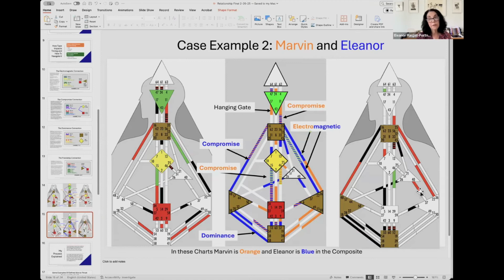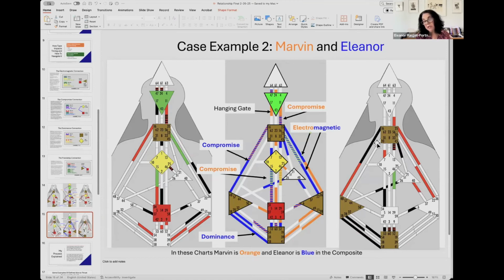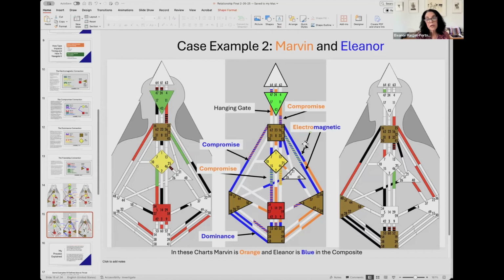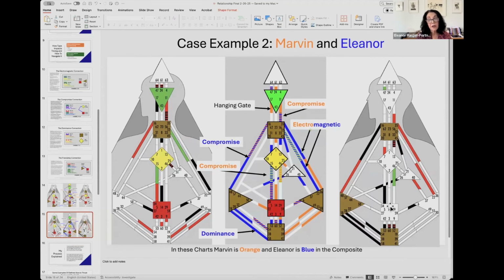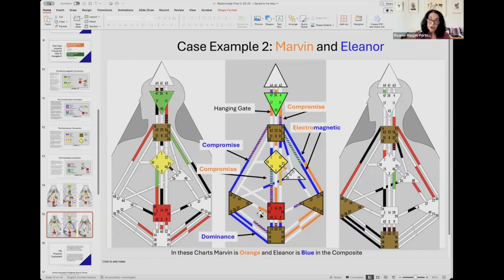I tend not to be emotional in most situations. I can count on one hand the number of times I've gotten really angry about anything, but that can vary. And again, we do together have a defined sacral center.